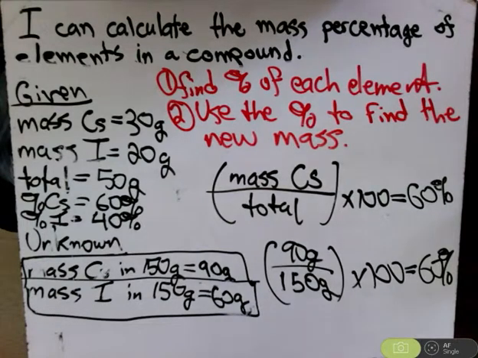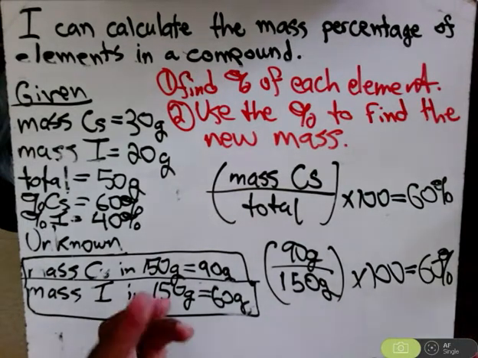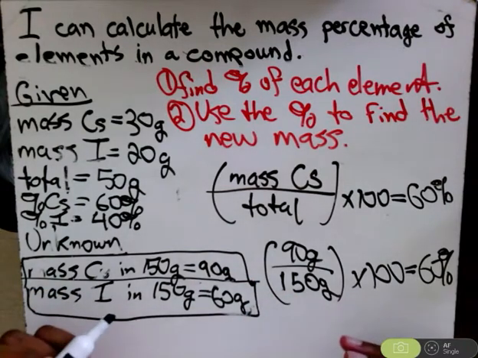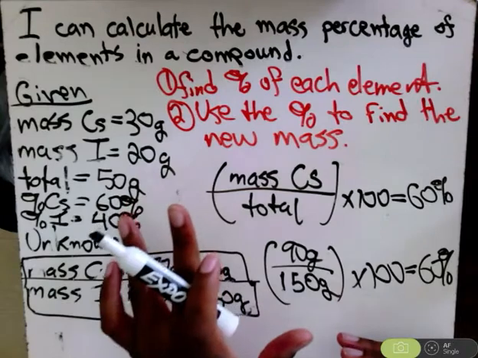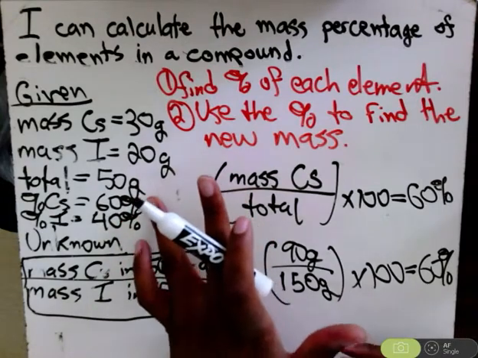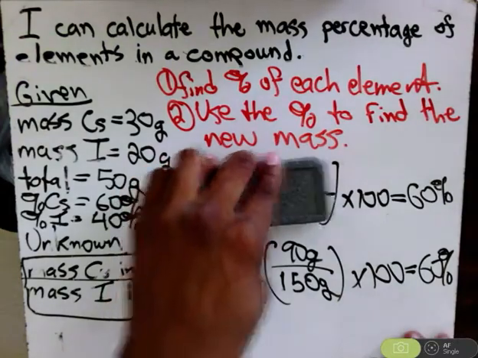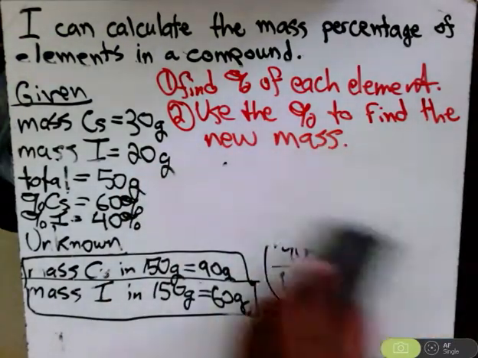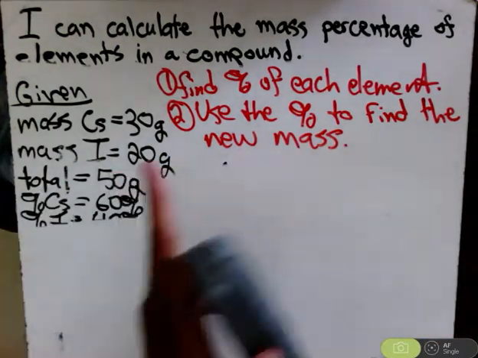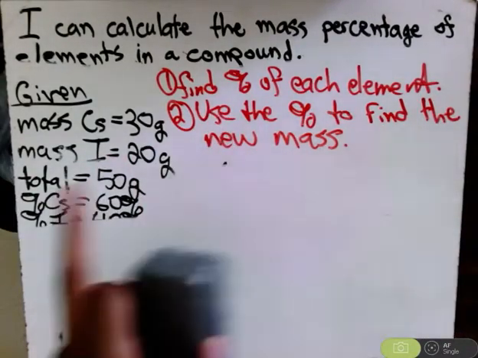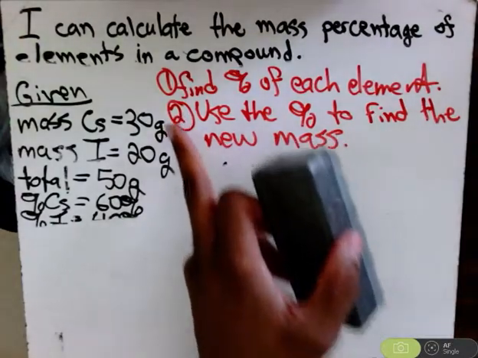And that is an illustration of the law of definite proportions. No matter where you find this compound, it's always going to have the same percentages of cesium and iodine if it is that same compound. Now, that is how you find the percent of each, that's how you calculate the percentage given the mass of two elements.